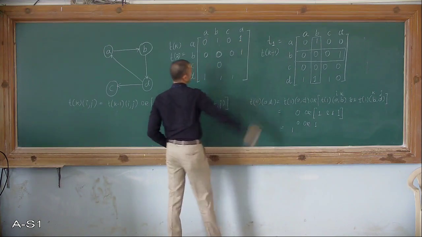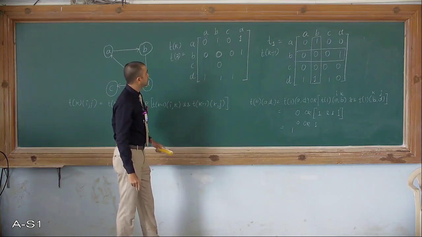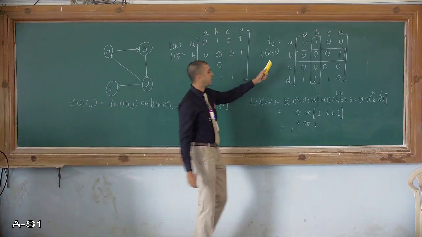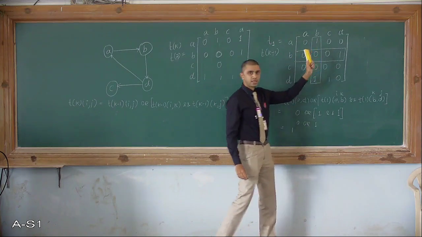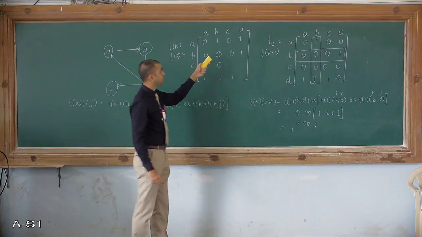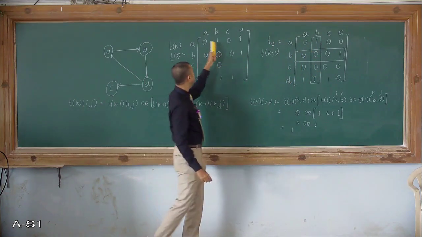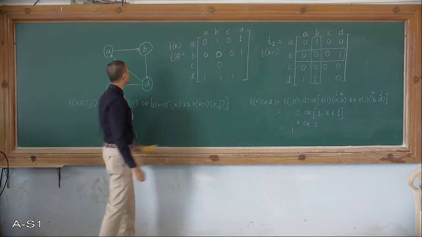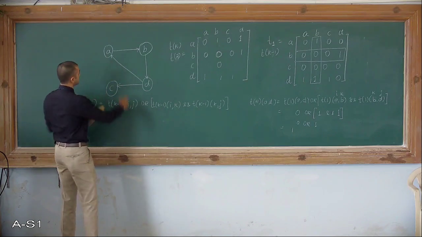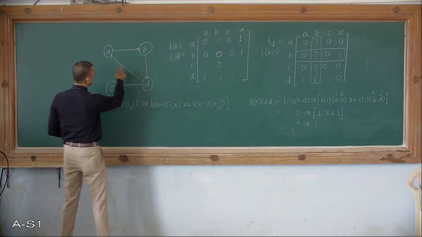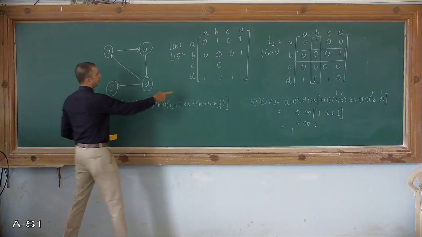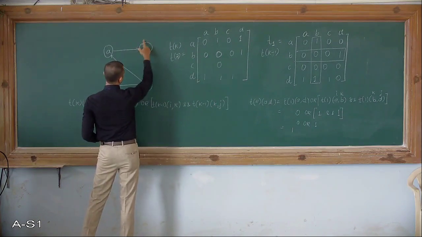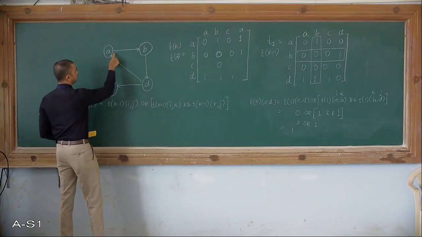Let's verify it. Initially, we wrote that there is no direct edge from A to D. But now using the transitive property, I can reach D with an intermediate vertex B. Yes. A to D was 0. But using an intermediate vertex B, can I reach D from the vertex A? Yes.